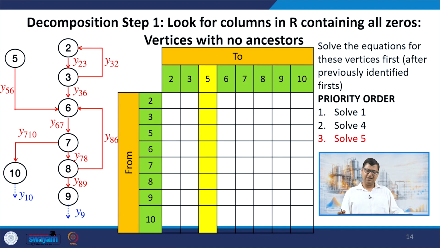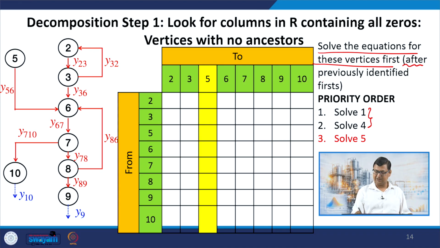Therefore, I will solve the balance for 5 after I am done with solving the balance of 1 and 4. In general, we solve the equations for these vertices after the previously identified firsts. So 1 and 4 remain the initial step, and then in the next step I will solve for the balance of 5.